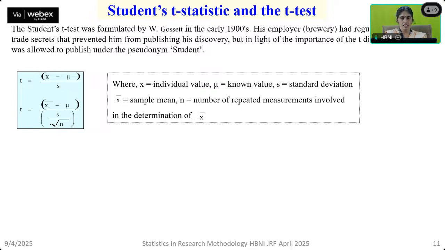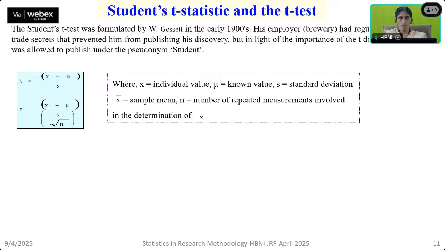The T statistic is given in the equations on the left side, in the blue colored box. If you are comparing one particular experimental data x with the theoretical or predicted value mu, and you have the standard deviation S for your measurement, you can have the T value as x minus mu by S. When you replace x with x bar, the mean of repeated measurements, the standard deviation also gets narrowed down to S by root n.